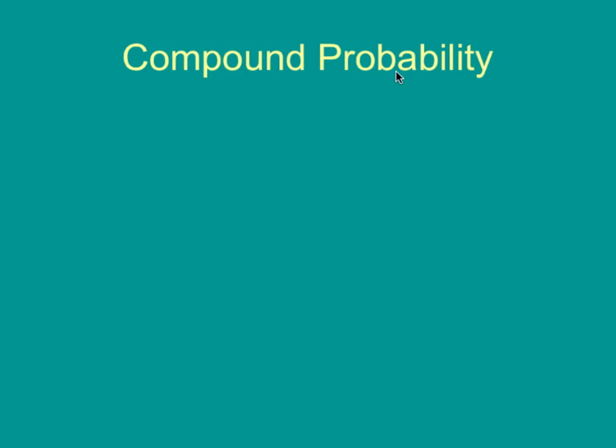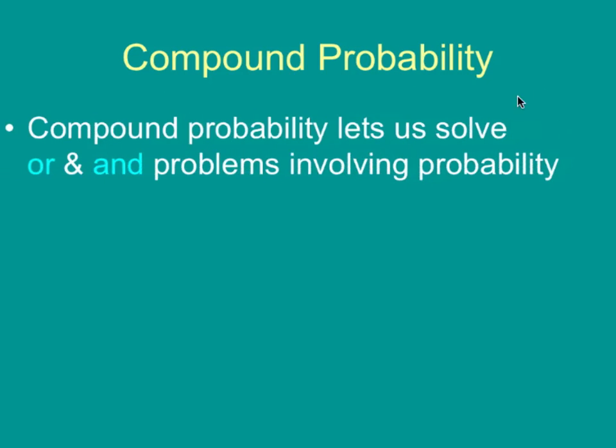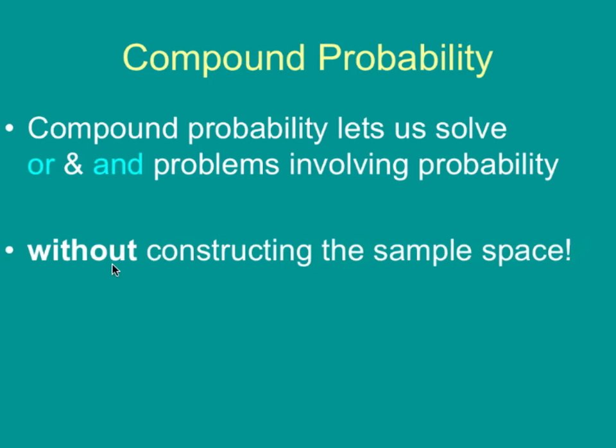What we're going to talk about today is something called compound probability. This lets us solve or and and problems involving probability without constructing the sample space. So we don't need a sample space if we can use compound probability. So we're very excited and we say woohoo.